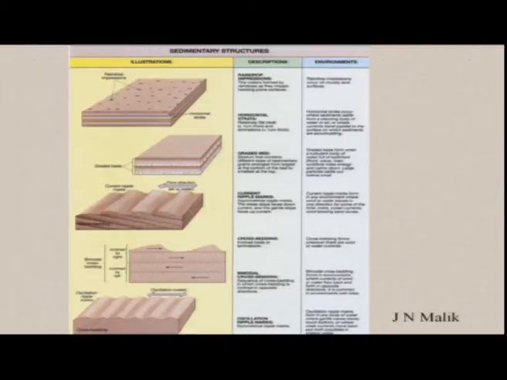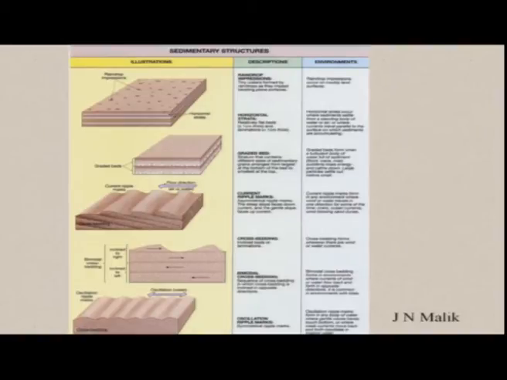We have cross beddings, which also help you in identifying flow directions. Then we have cross beddings with bimodal directions. They are inclined, showing inclination here, and they got deposited according to the flow direction.